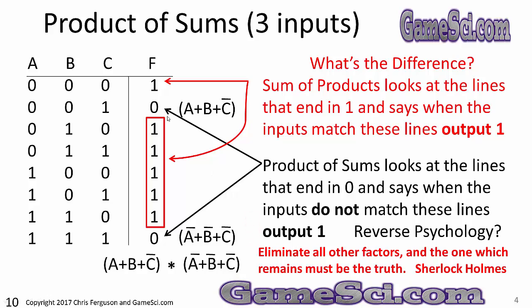So product of sums only has to look at these 2 lines that output a 0. It's really reverse psychology. If my inputs are not this line and not this line, then I must output a 1. Eliminate all other factors, and the one which remains must be the truth. Sherlock Holmes. If it's not this input and it's not that input, I must output a 1.